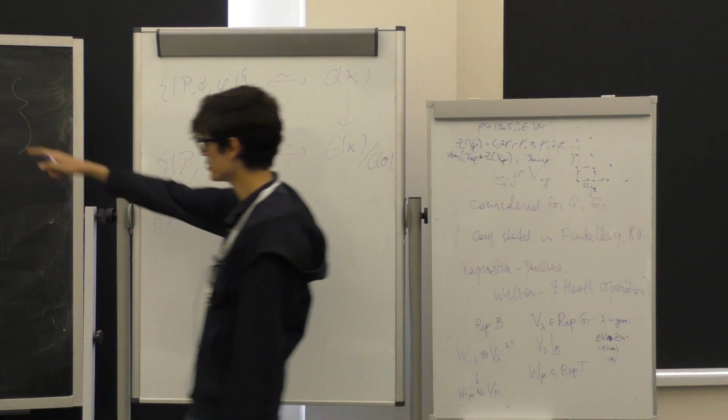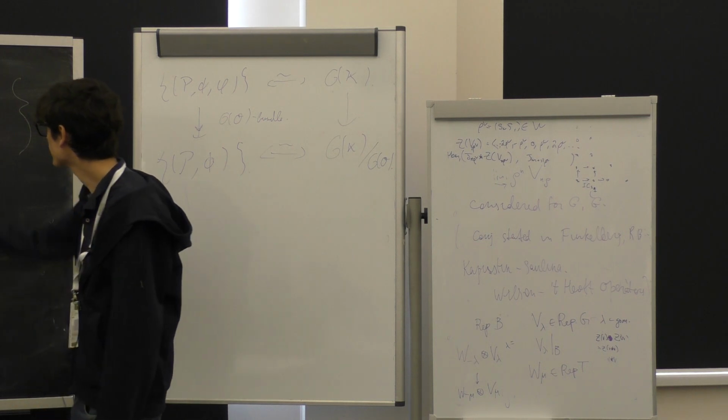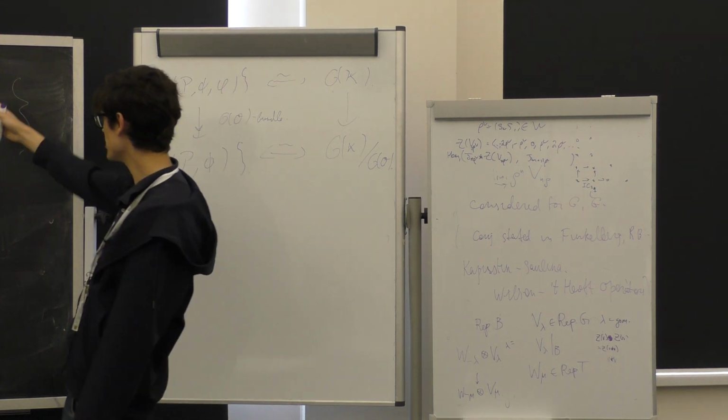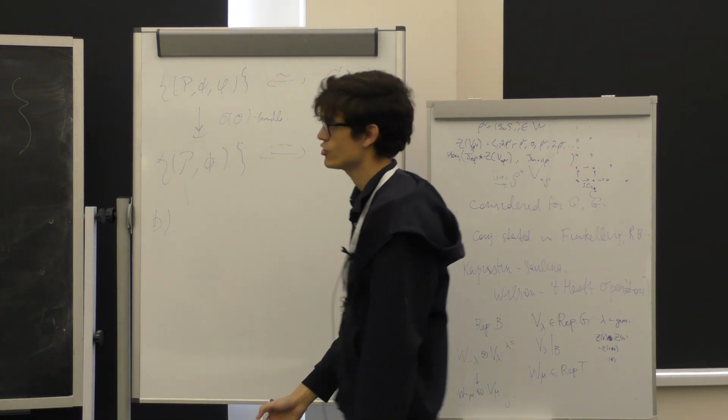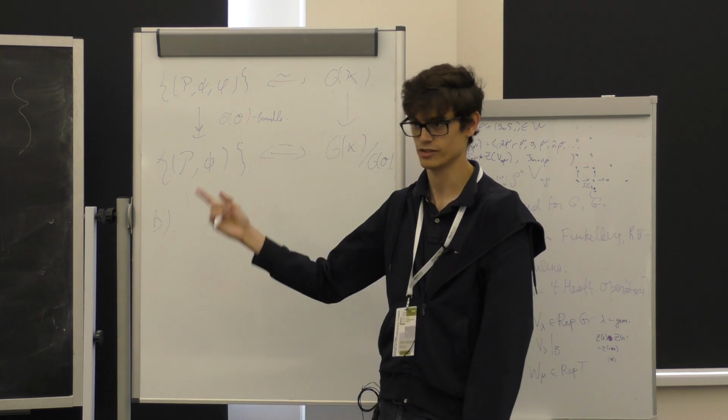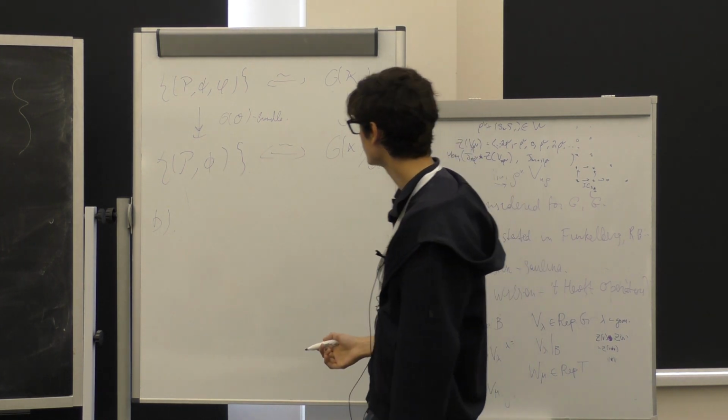But endomorphisms of this trivial bundle on X minus x is given exactly by G of C[t^-1], which is O of X minus x.